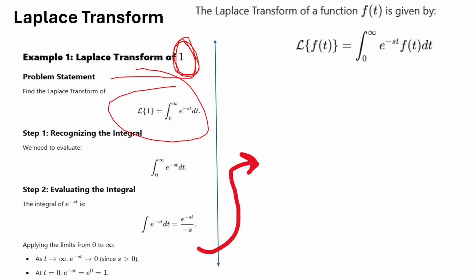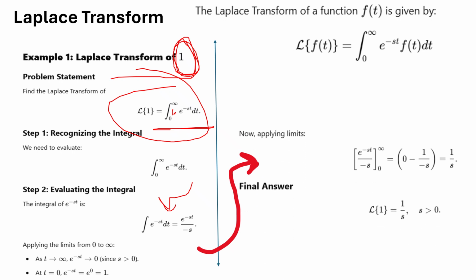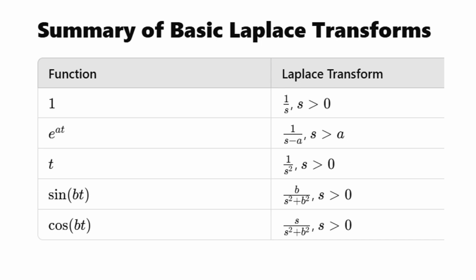Laplace transform of 1 is the integral of 1 times e to the power minus st dt from 0 to infinity, and if you solve this further, you will get 1 by s. So for 1 you get the Laplace transform 1 by s. Similarly, for t you get the Laplace transform 1 by s square, and the remaining you can check.